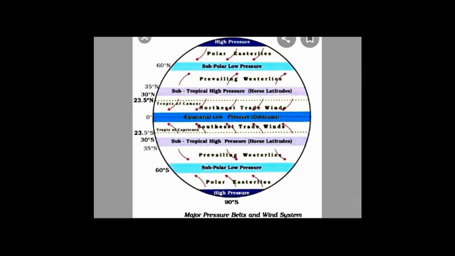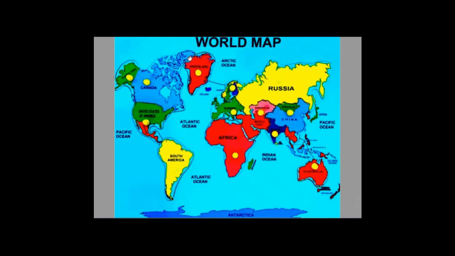Second point, if we see the world map, near the equator water bodies are more than land. Moreover, we already know this region receives direct sun heat, which means intense heat. Intense heat and more water bodies mean more evaporation.